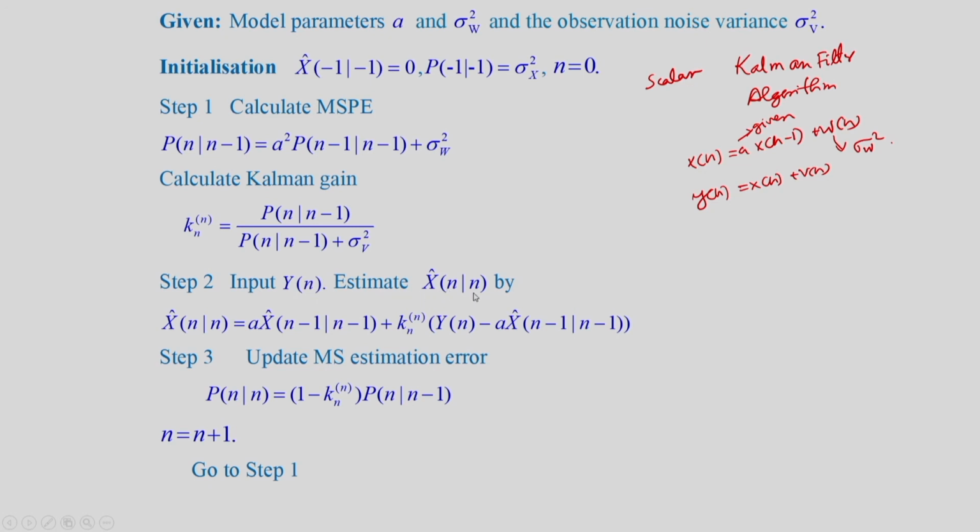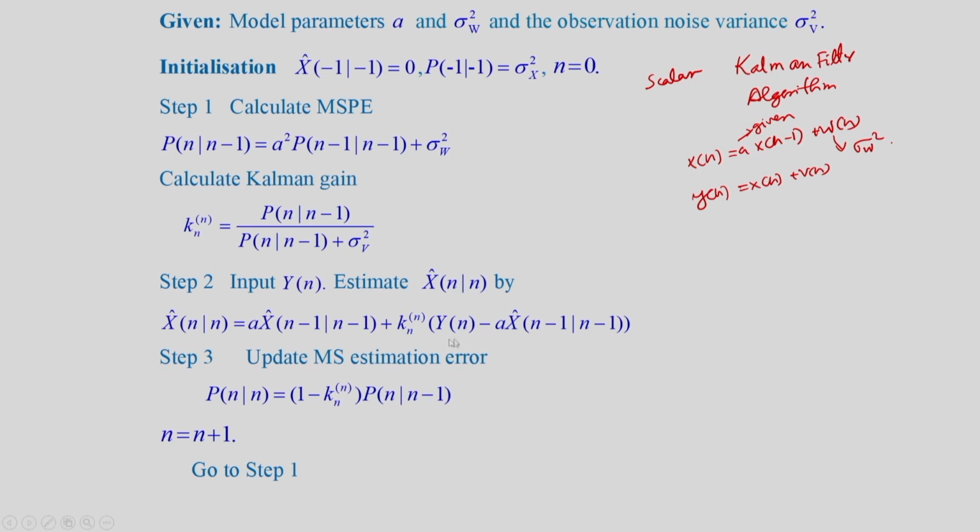Now, we can estimate x at n given n by this relationship: x at n given n is equal to A times x at n minus 1 given n minus 1, that is the estimator at instant n minus 1 multiplied by A here, plus Kalman gain k n into the innovation part, y n minus A times x at n minus 1 given n minus 1.